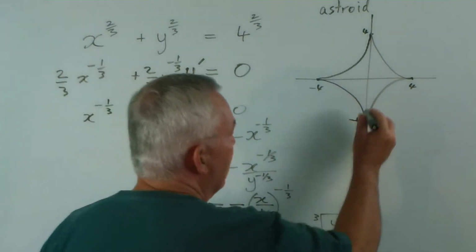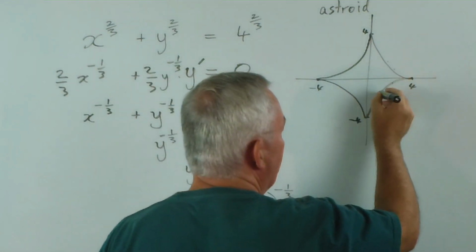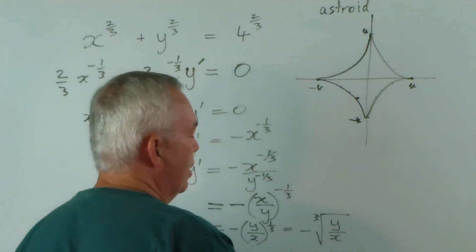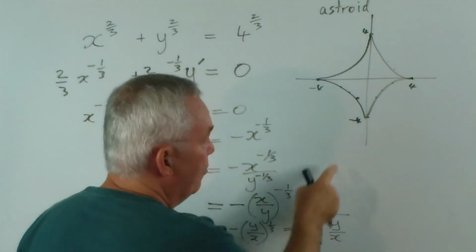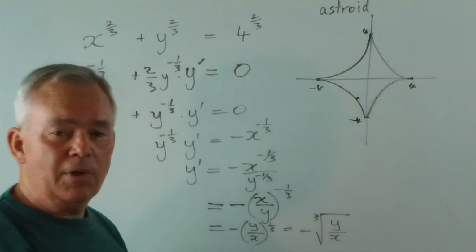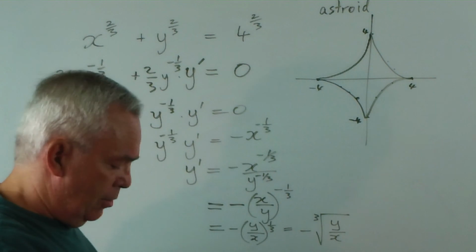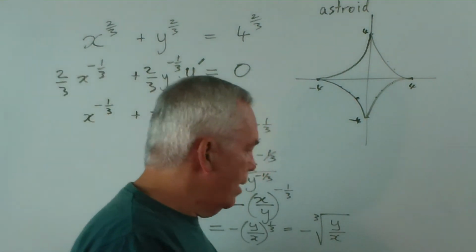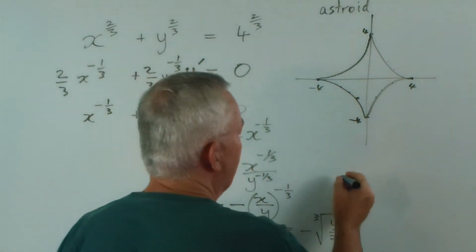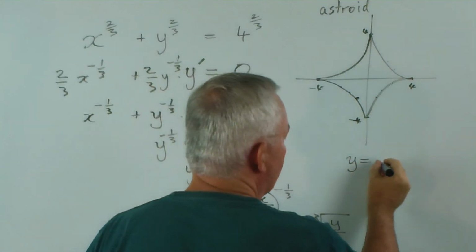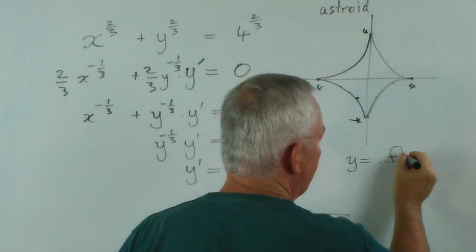Now if we knew the location of some point somewhere on here, and we wanted to know the gradient at that point, we would substitute the x and the y value for that point, and we would find the gradient. And there it is. So what do we know? Explicit functions would have the form y equals some function of x.